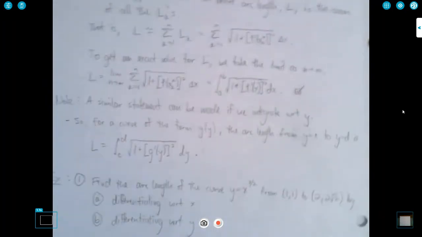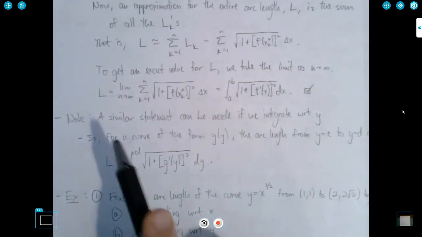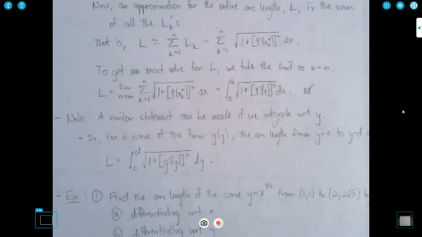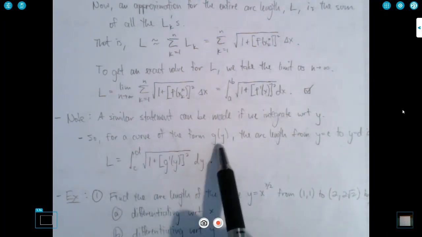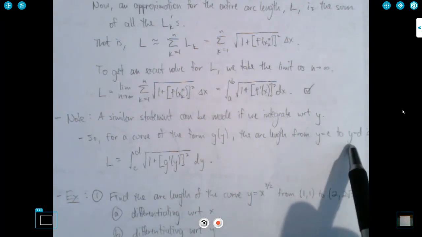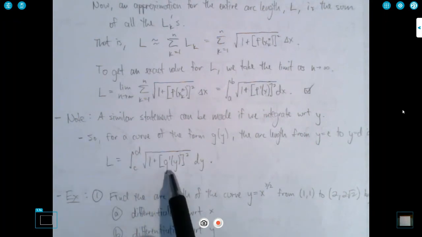So it's pretty nice. I'm not going to take you through the proof of this, but obviously a similar statement could be made if we were to integrate with respect to y. So for a curve of the form g of y, the arc length from y equals c to y equals d would just be the integral from c to d of the square root of 1 plus g prime of y squared dy.